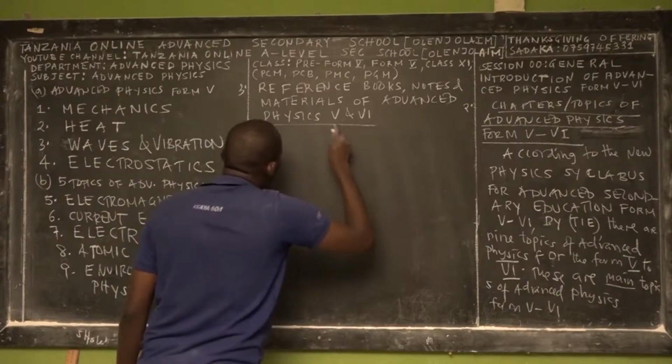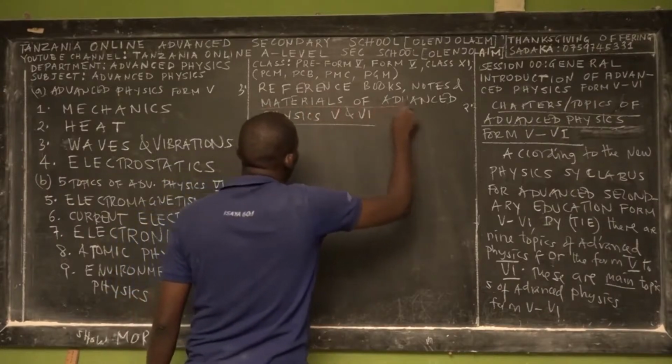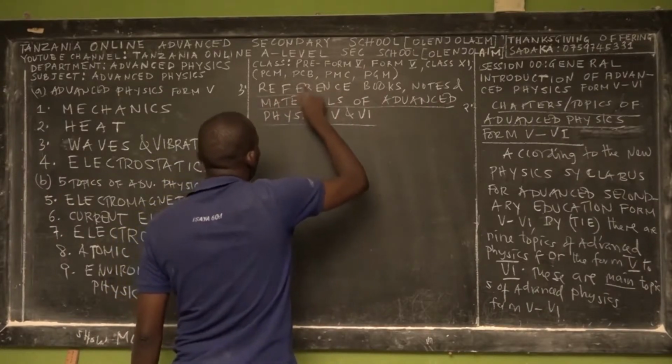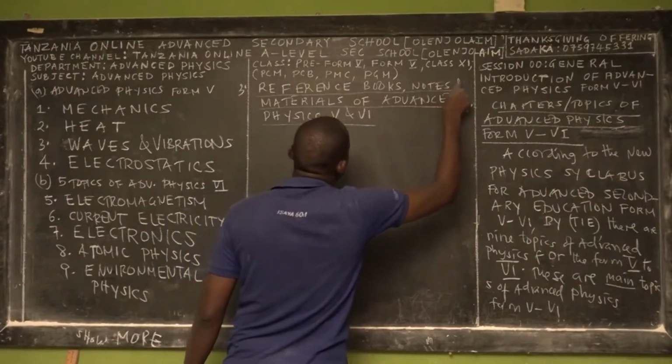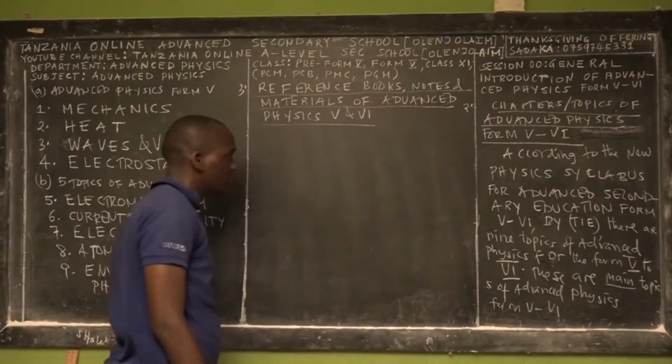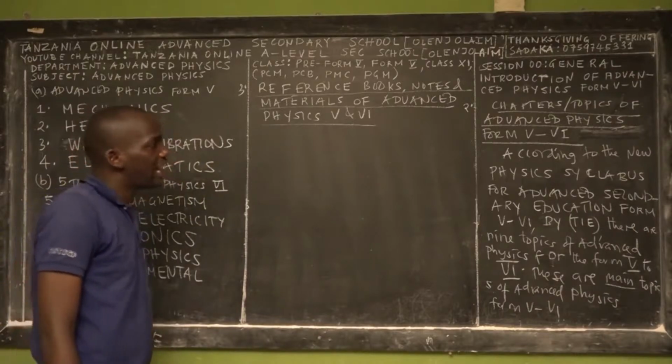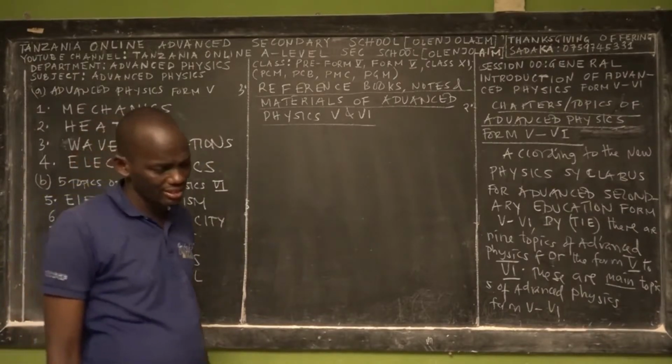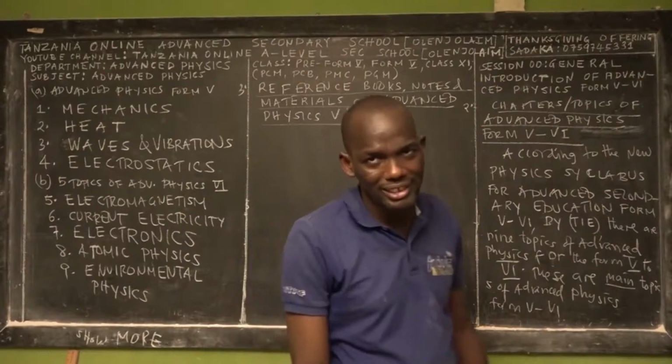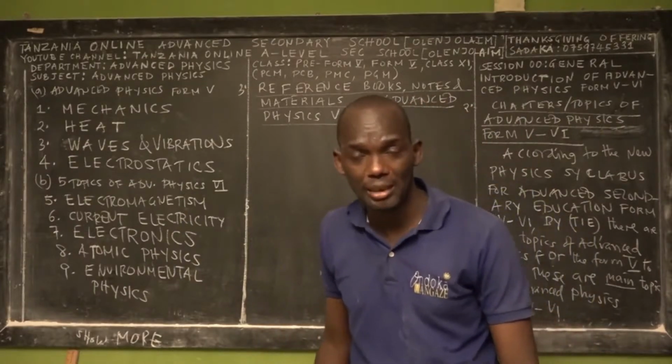So what are the reference books that the syllabus recommends for you, that the educational system recommends for you, and that I, as a teacher of advanced physics, recommend for you? You have so many reference books that you have to go through in order to master advanced physics, but I'll mention some.